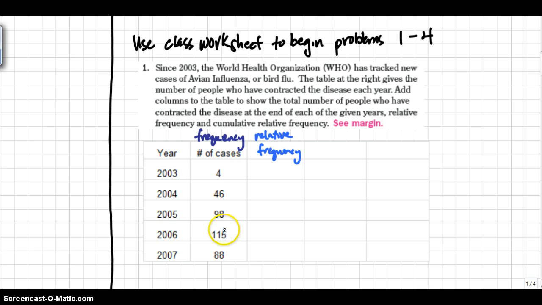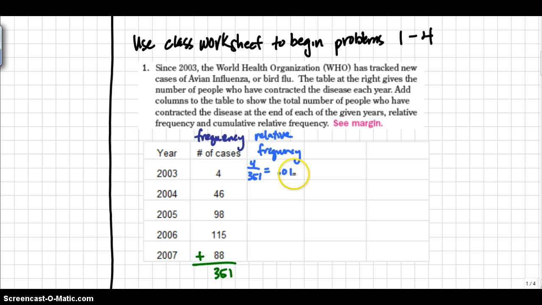So let's go ahead and get the total. You add up all these numbers, you end up with 351. So to get the relative frequency, I would take the number of cases and divide by the total. When you do that, you'll get about 0.01. So we're just going to leave it that way.